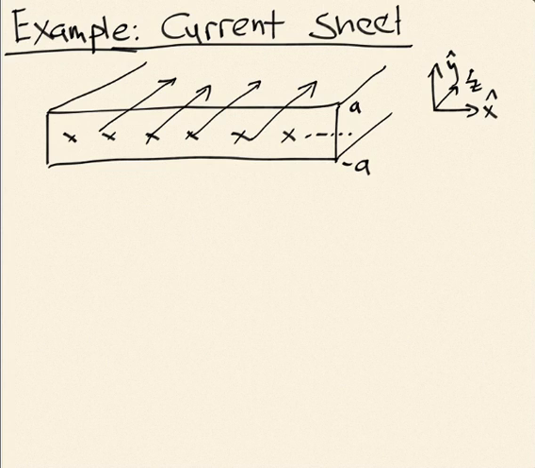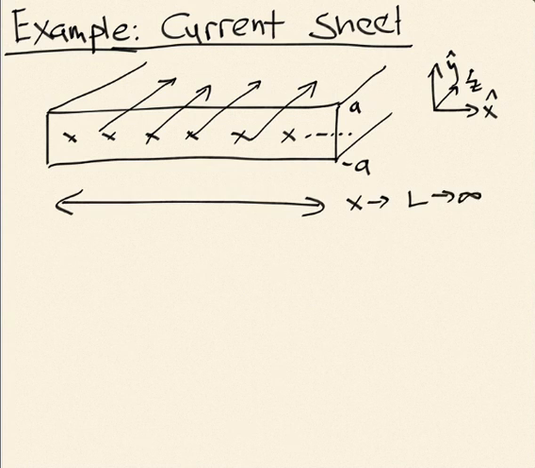Okay, so to have the requisite symmetry that we need, we really have to argue that in this dimension, the slab is infinite. So in the x direction, the length of the slab goes to infinity, and we also have to assume that in the z direction it's very big too, that there's no variation along the z direction.